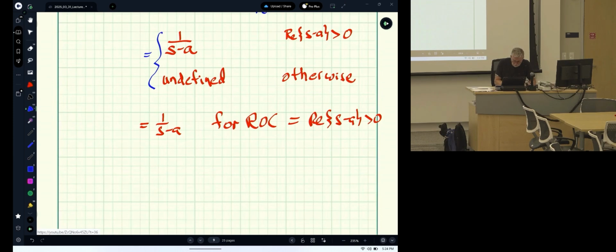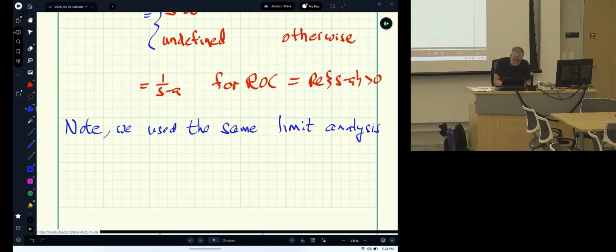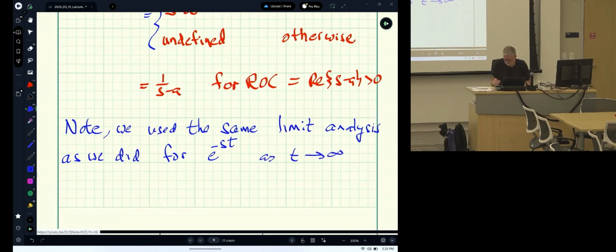And note, we use the same limit analysis as we did for e to the minus st. So we don't care what the imaginary part is, that's oscillating.